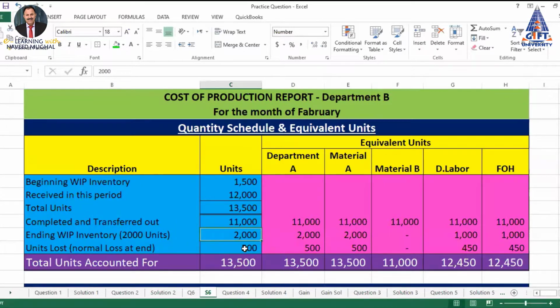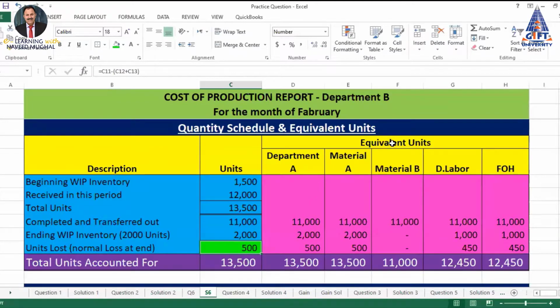Because this figure has not been given to us, we can calculate it. We have 13,500 total units, so when we make the reverse calculation, 13,500 minus 11,000 minus 2,000, we will get 500 units. That is the balance of units, which is considered as lost units.